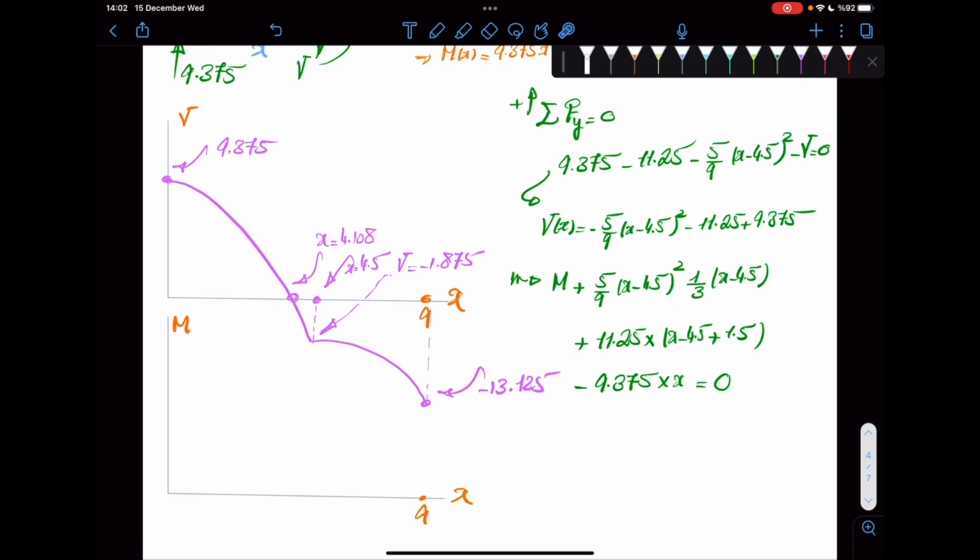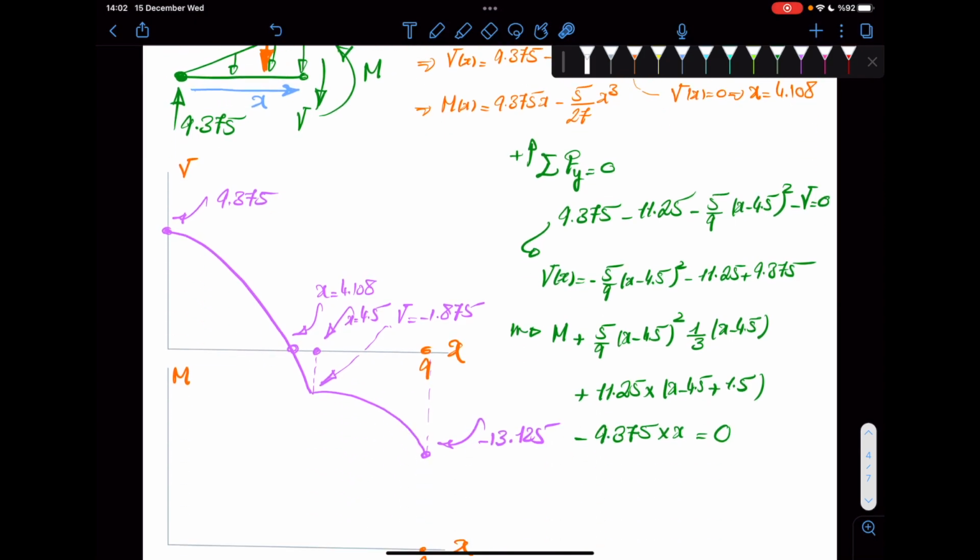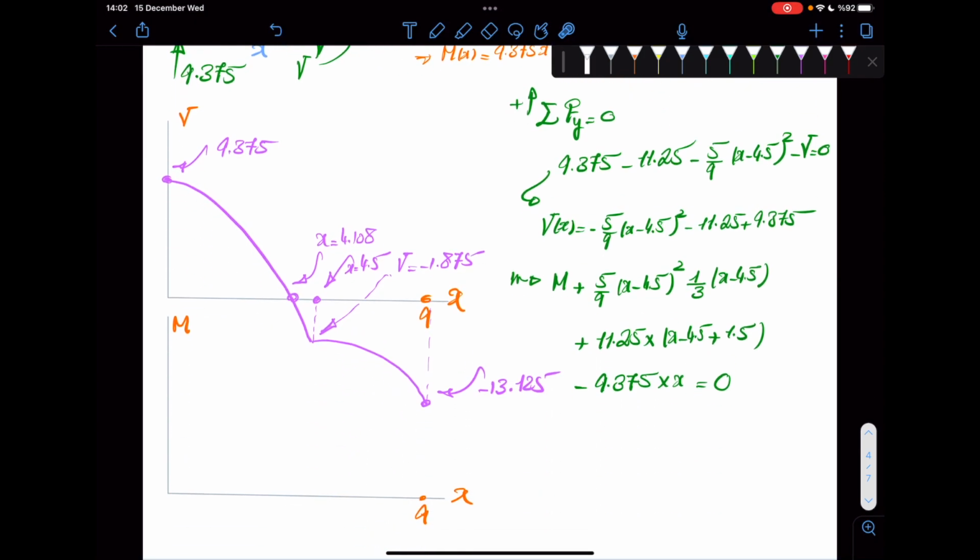Okay, so that's that. Now you want to draw your moment diagram. You can see moment starts from 0, and then it's a cubic equation. So if you plot it, and also you know that it's going to be 0 here. Okay, so your moment would look like this.